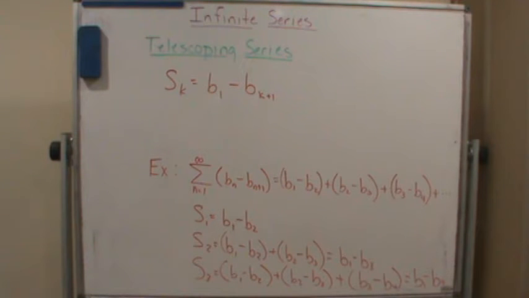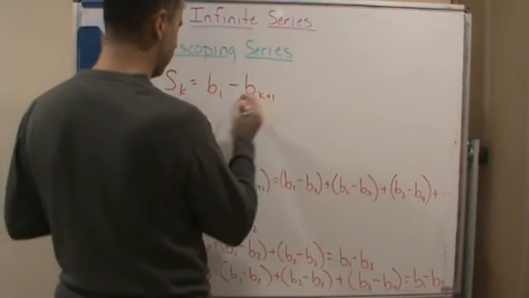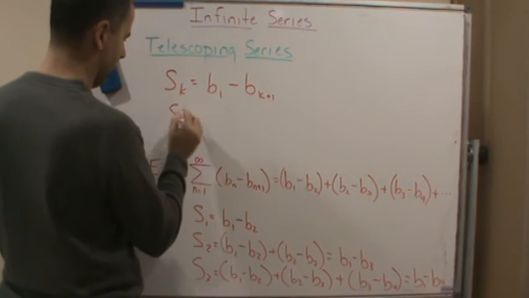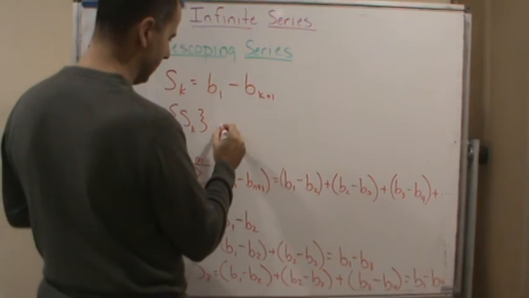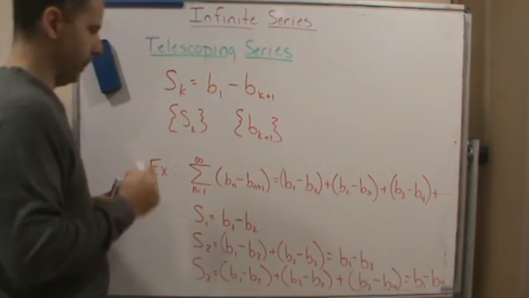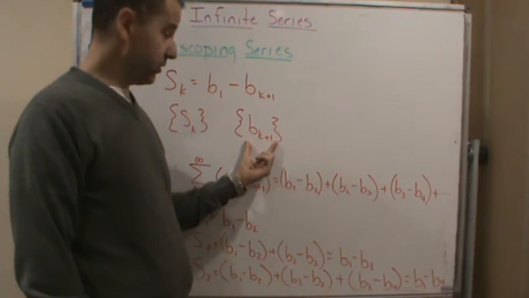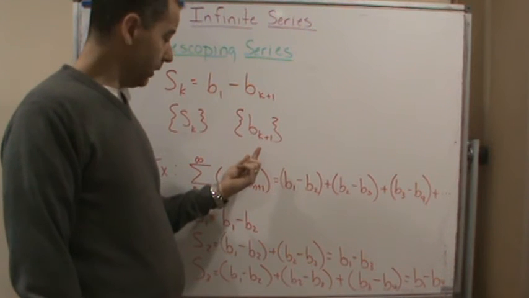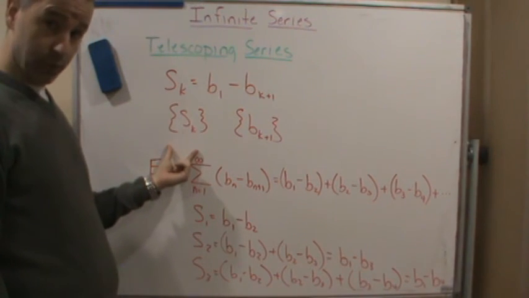In other words, whether the sequence of partial sums S sub k converges or not depends on the sequence of the last term, whatever form that term takes. If that sequence converges, then the sequence of the partial sums will converge.